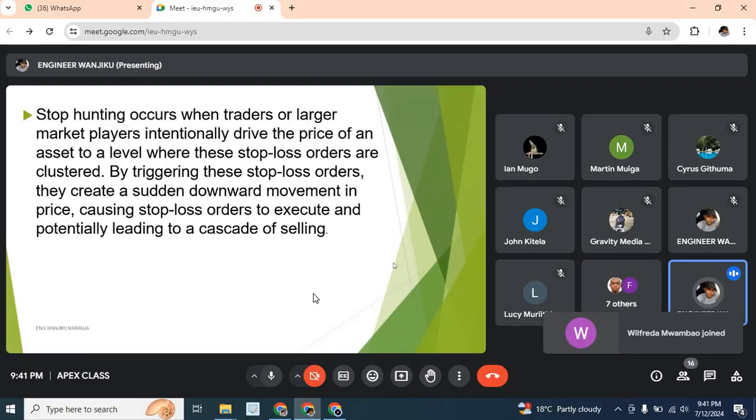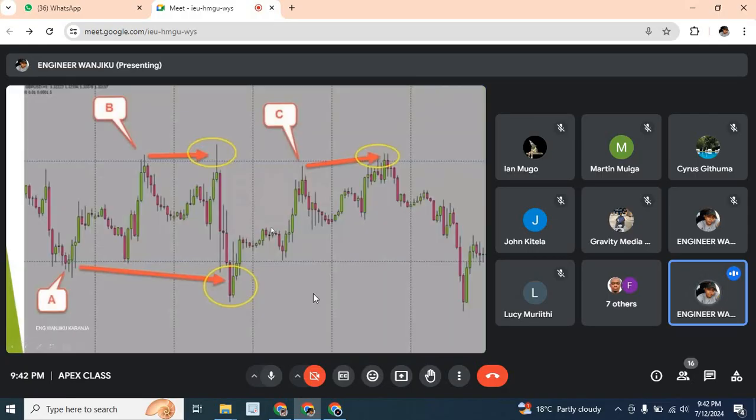And how do they occur? So stop hunts occur when traders or large market players intentionally, no wonder I said the market makers intentionally, drive the price of an asset to a level where these stop losses are clustered. So by triggering those stop loss orders, they create a sudden movement in price, causing stop loss orders to execute potentially. So this is what these statements mean.